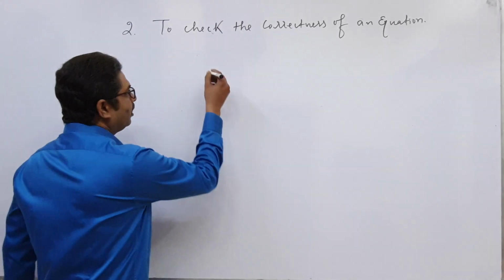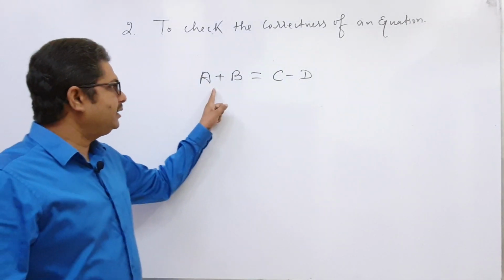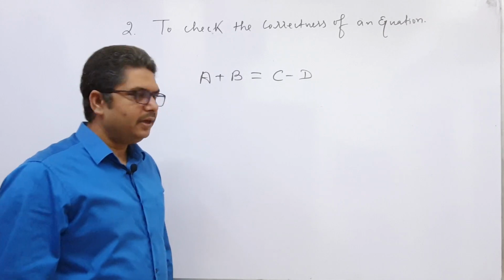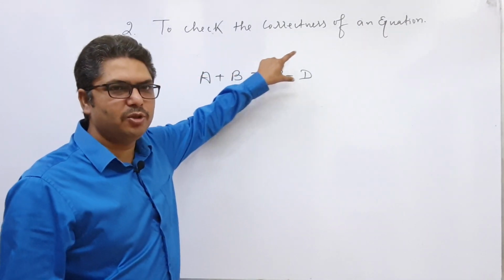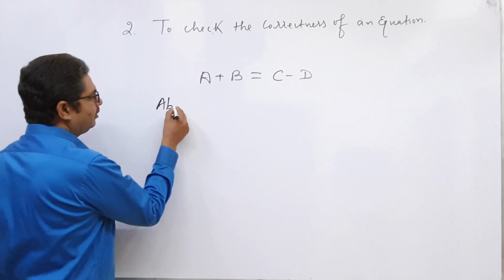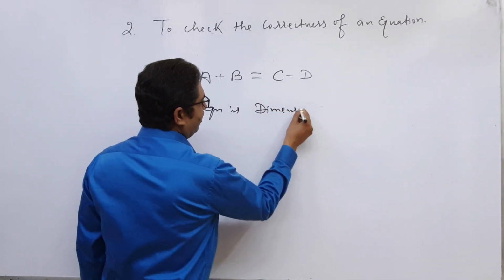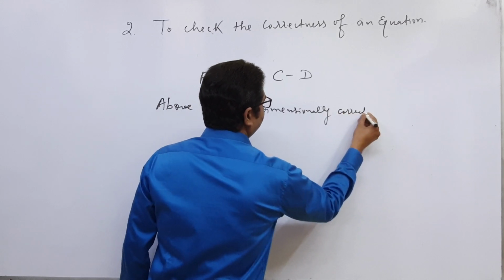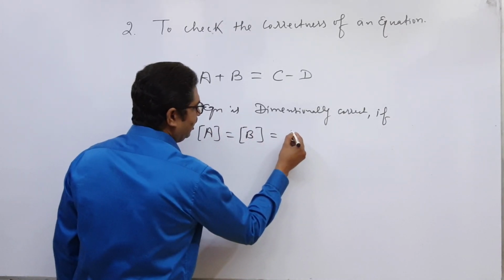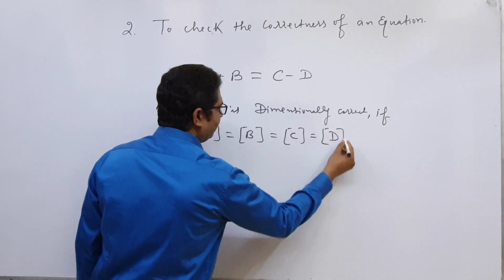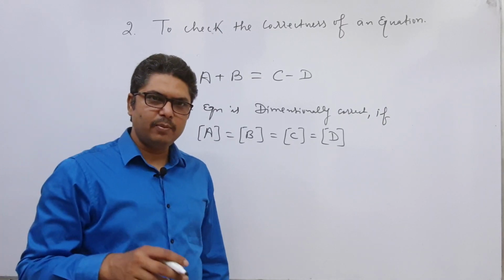Suppose I write an equation A plus B equals C minus D. Then this equation will be dimensionally correct when dimension of A equals dimension of B equals dimension of C equals dimension of D. This is said to be the principle of homogeneity of dimension analysis.